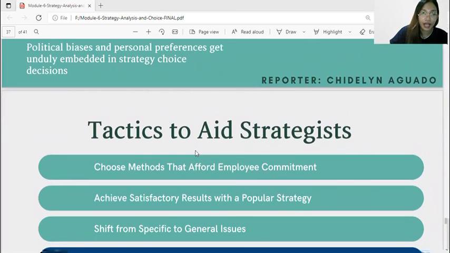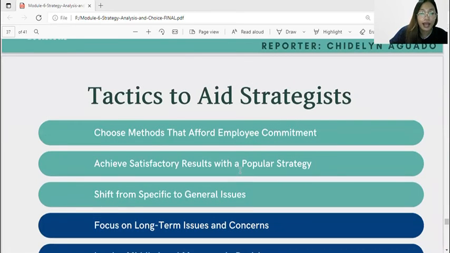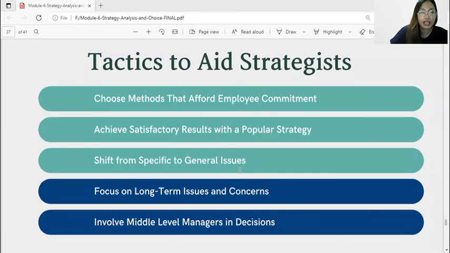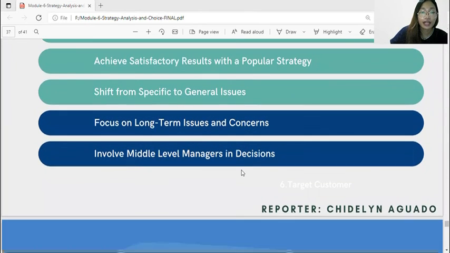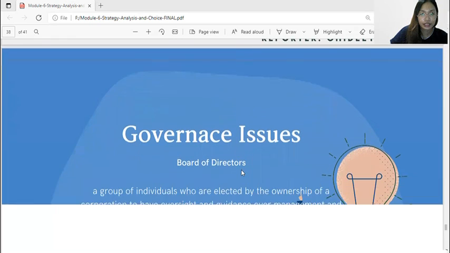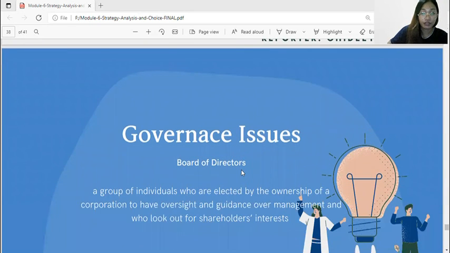Next, we have the tactics to aid strategies: choose methods that afford employee commitment, achieve satisfactory results with a popular strategy, shift from specific to general issues, focus on long-term issues and concerns, and involve middle-level managers in decisions. Next, we have the governance issues.